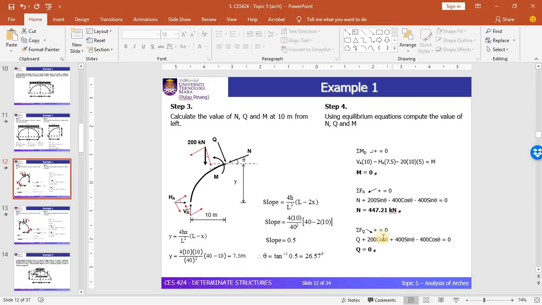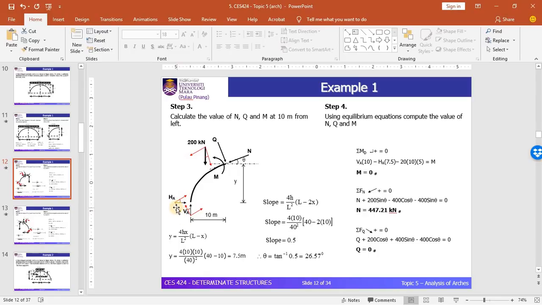And for the radial shear force, you need to consider all the forces in this direction. So we have the internal force Q here, and the component from the UDL load, which gives 200 cos theta here, and the component from the vertical force, which is 400 cos theta here, in the opposite direction, so it gives a negative sign because it is opposite from Q, and 400 sine theta, which comes from the component of the horizontal force in this direction.